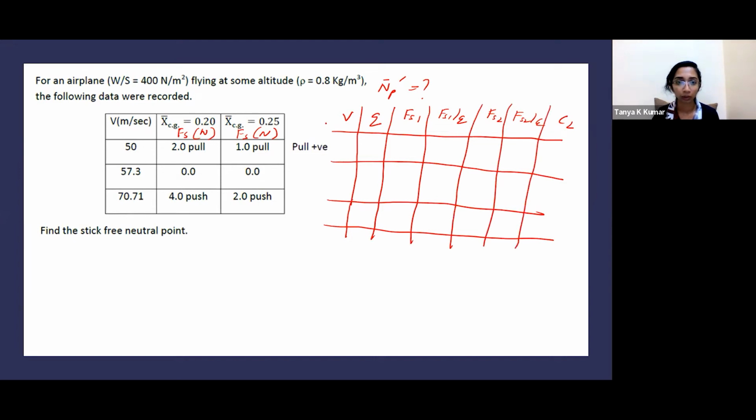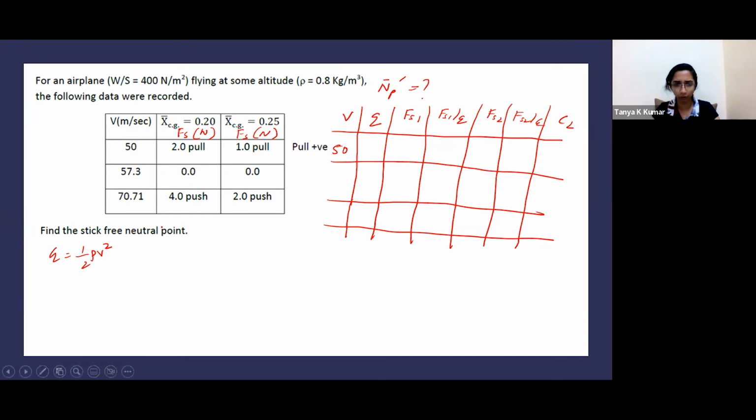Okay, so what is the first velocity? 50. Q is what? Q is half rho v square. Just substitute the velocity value into this equation. Rho is given as 0.8. What is the value of Q?